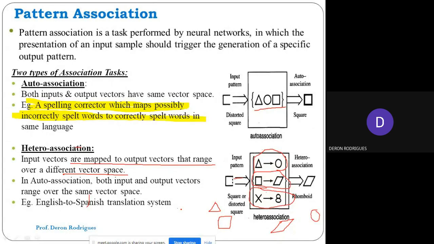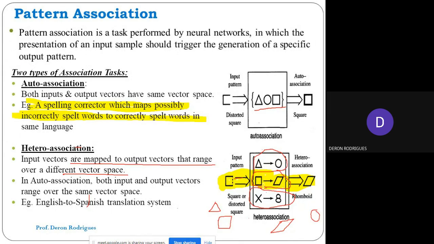Now, I have given one example here, and you can see that whenever you give a distorted square, it first correctly detects that it is not a distorted square but a square, and after it maps that, it will map the square to the rhomboid and the answer will be a rhomboid.